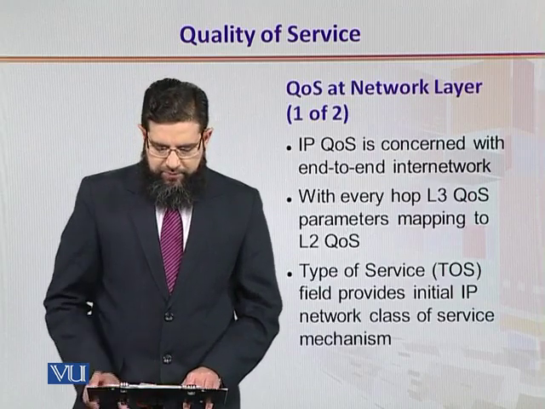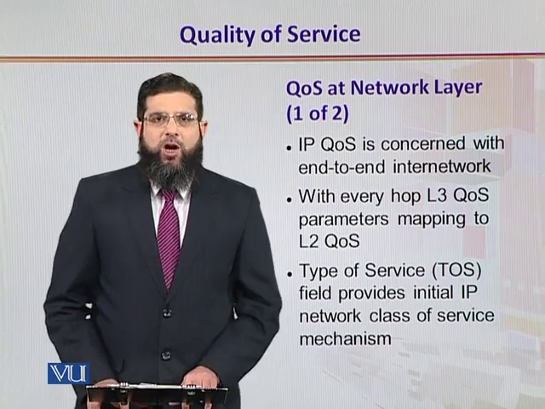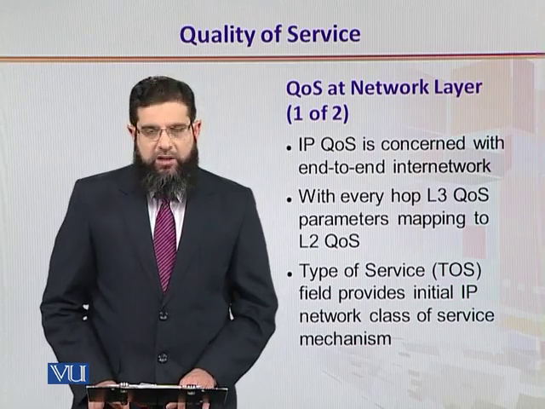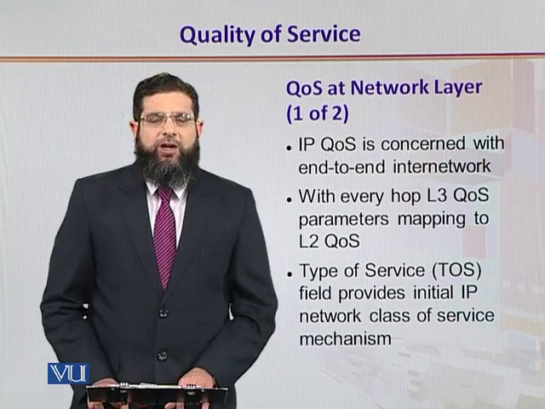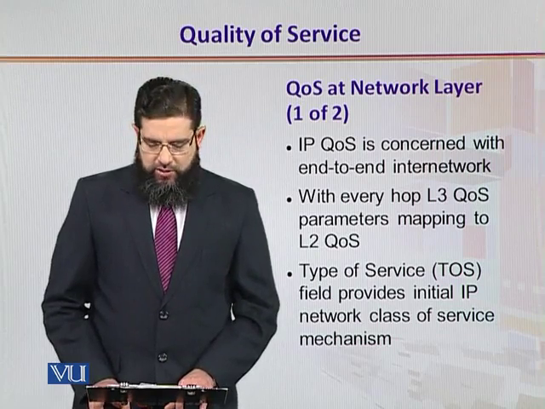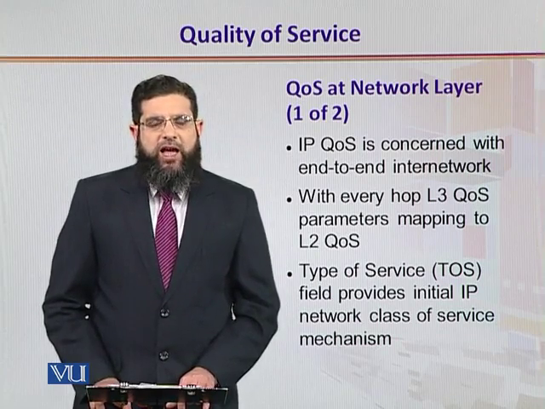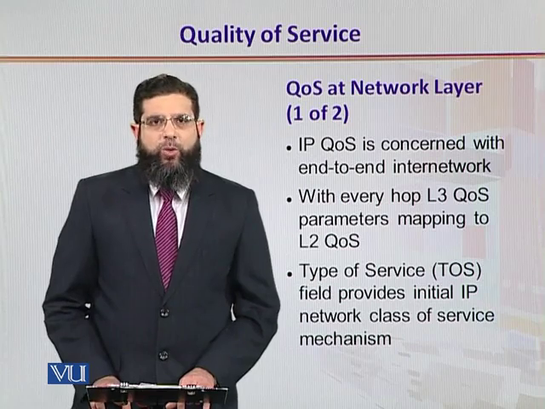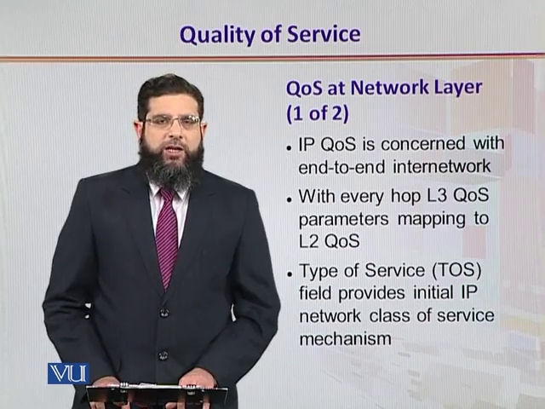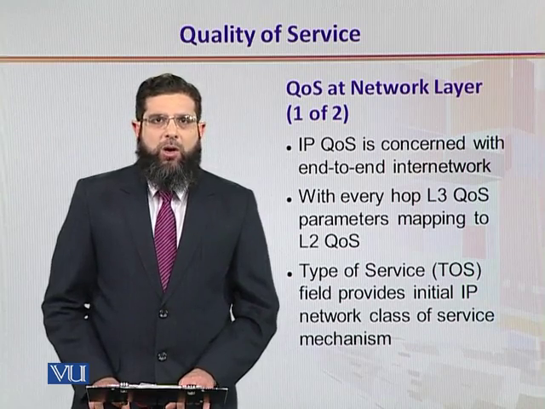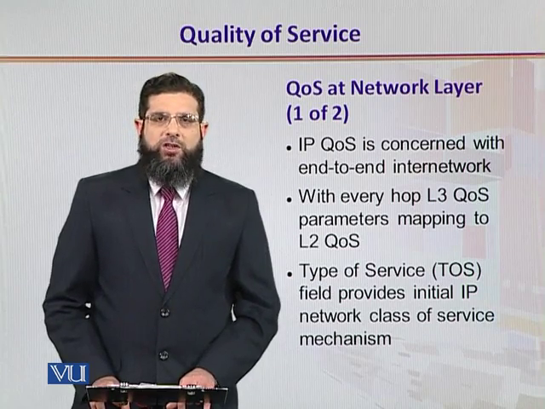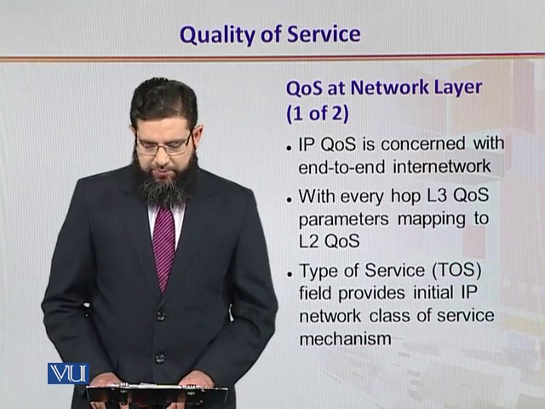So these were the issues which were handled by ATM and frame relay kind of layer 2 QoS provisioning. But when we talk about the network layer, and specifically with regards to the internet protocol, the quality of service has to be defined as an end-to-end phenomenon, because the network layer is the complete path, whereas the layer 2 technologies talk about hop by hop or segment by segment quality of service.